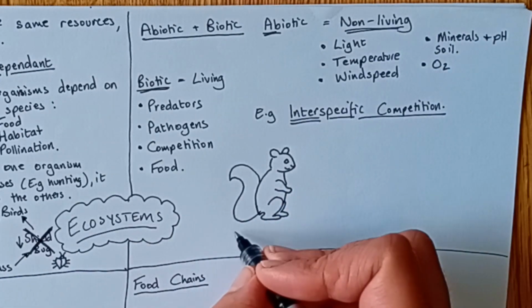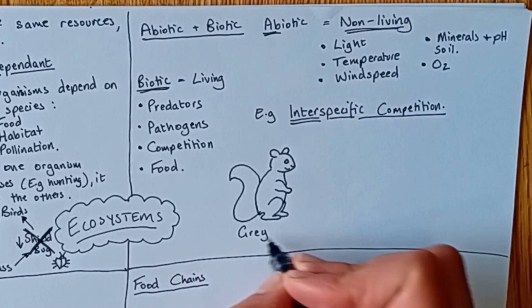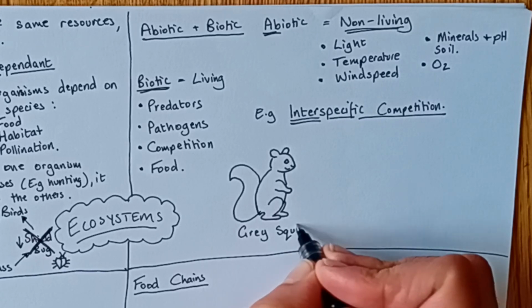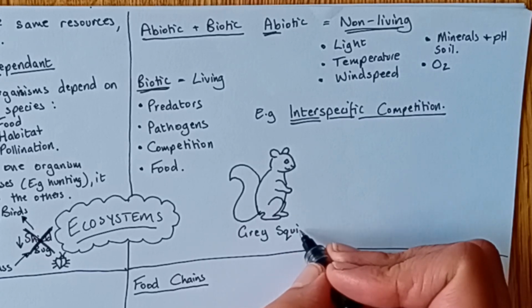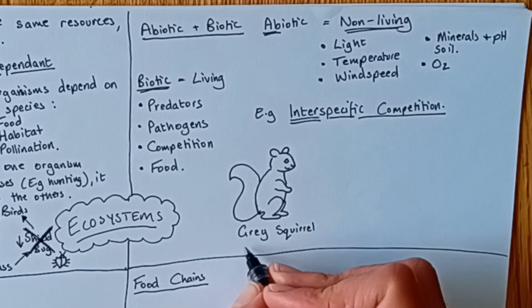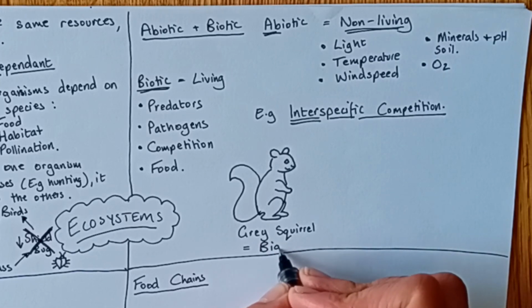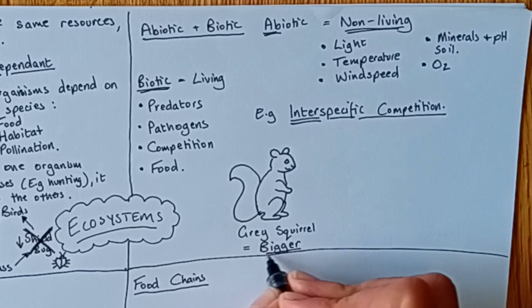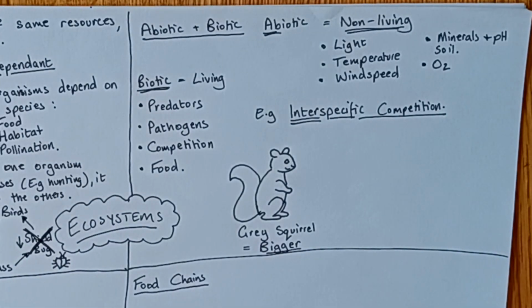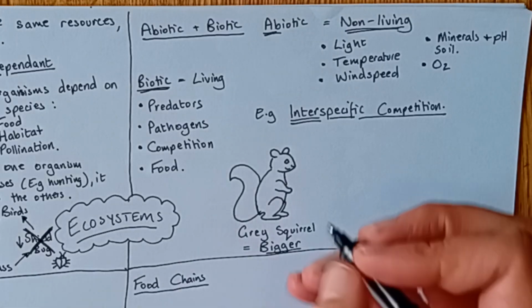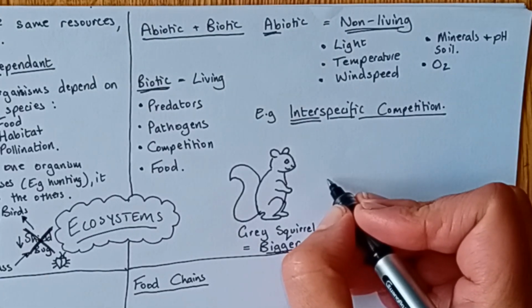So this one's the grey squirrel. If you've got any pens, you could colour it in. And they are bigger. Let's draw then a red squirrel. They're considerably smaller.